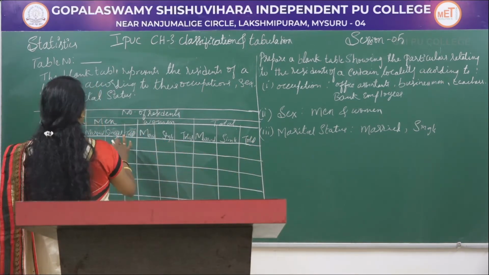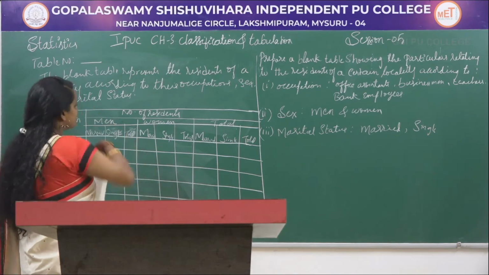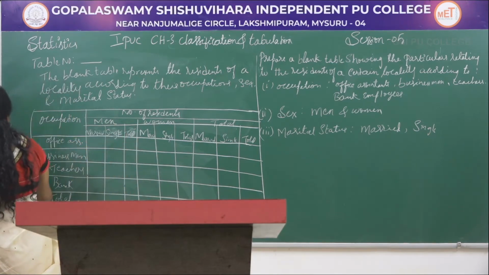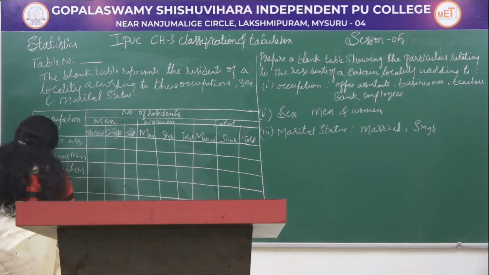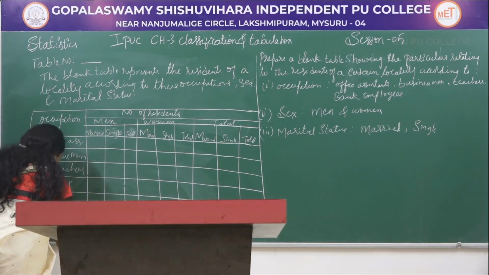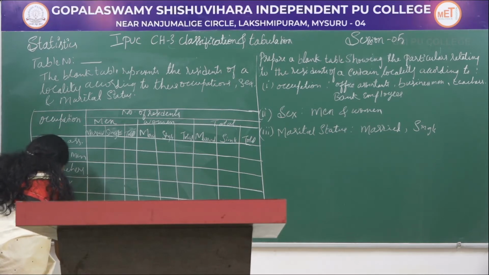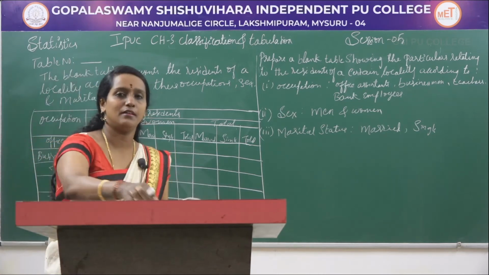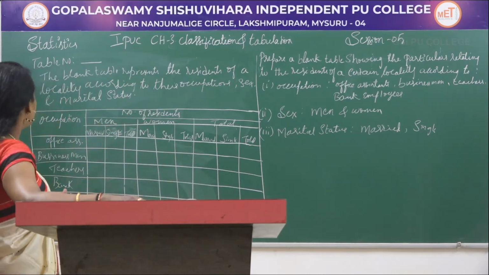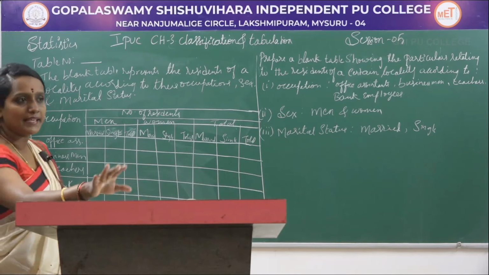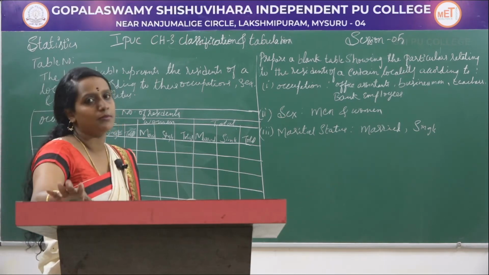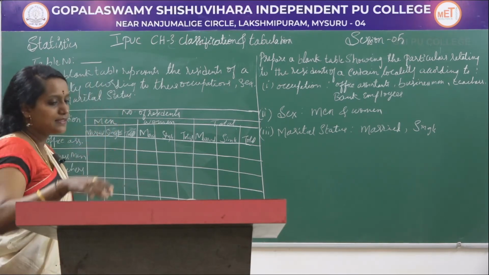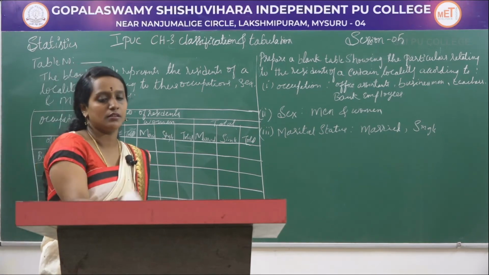Married, single, total. Okay. And at last we have to write the footnote, if it is necessary, and the source. This is how we form the blank tables for given data. In examination, you will get this type of problem for 5 marks. Okay. Let's see another problem on this.